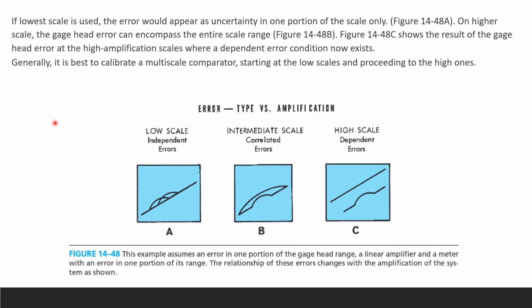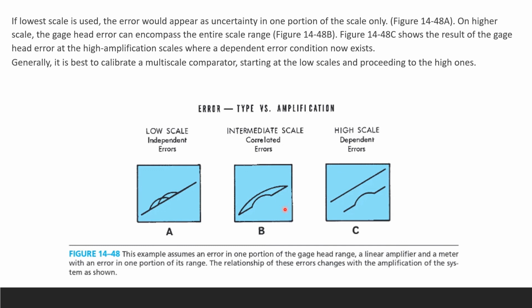So if the lowest scale is used, the error would appear as uncertainty in one portion of the scale only. So when you look at here, okay, on A, which is 1440A, that's a low scale and independent errors. So if you use a lower scale, the error would appear as uncertainty in one portion of the scale only.